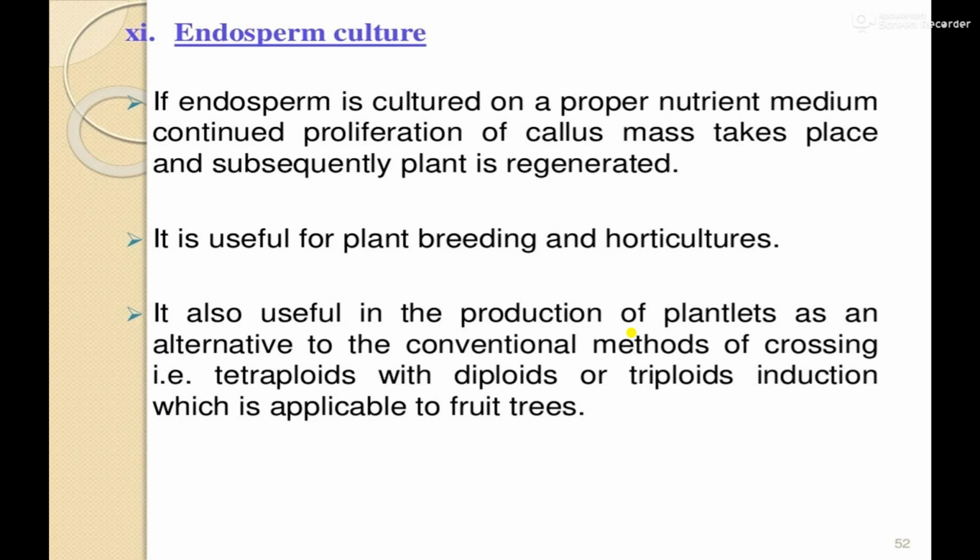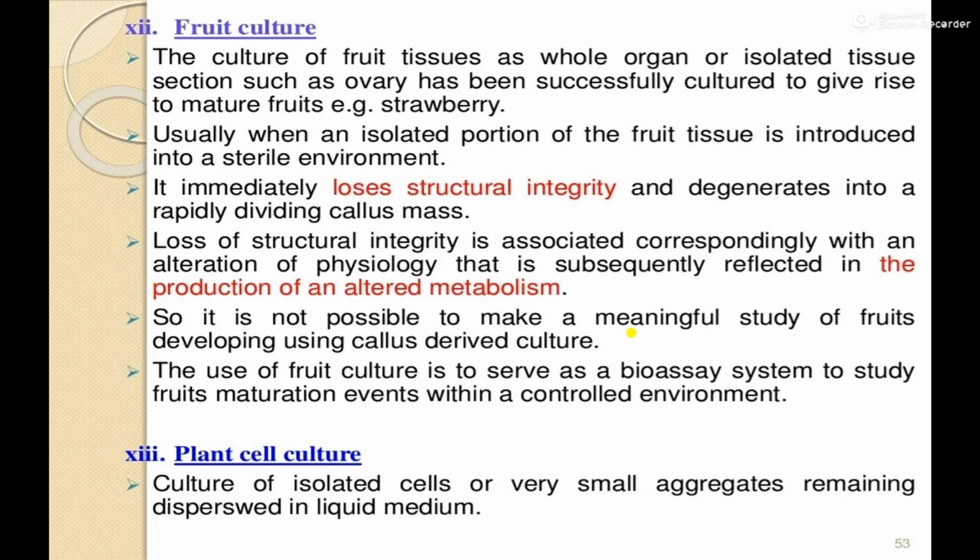Then fruit culture. In that, the culture of fruit tissues as whole organ or isolated tissue sections such as ovary has been successfully cultured to give rise to mature fruits. Example, strawberry.